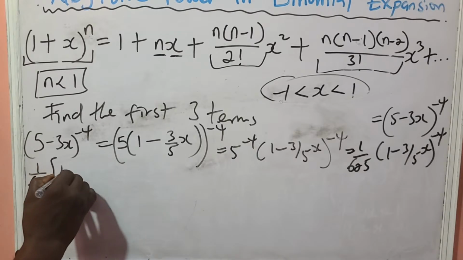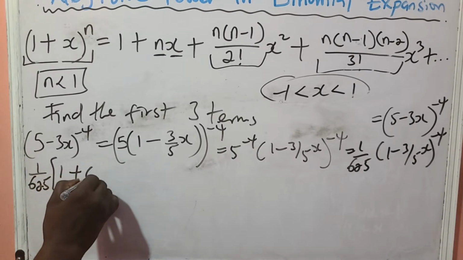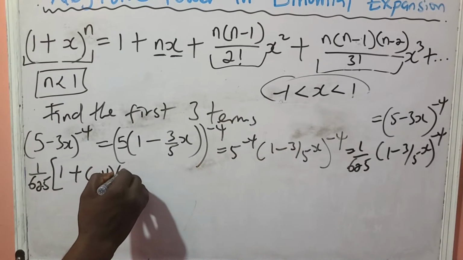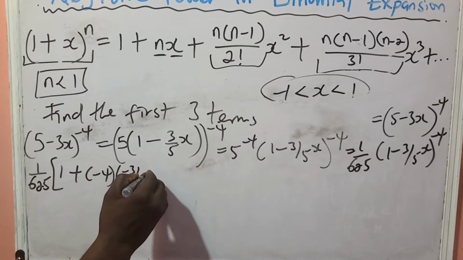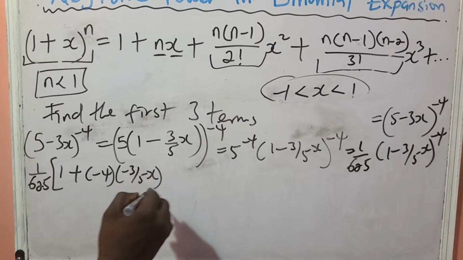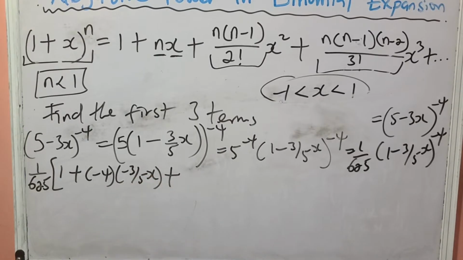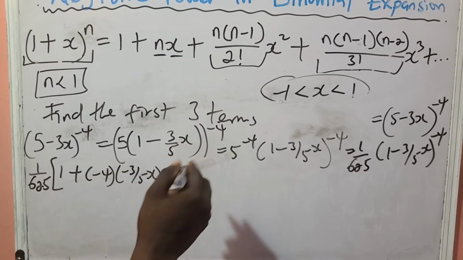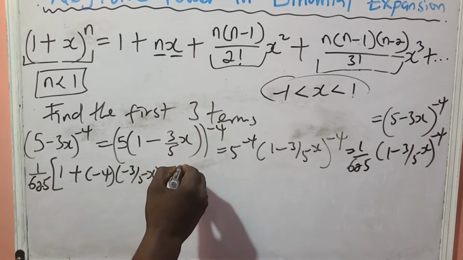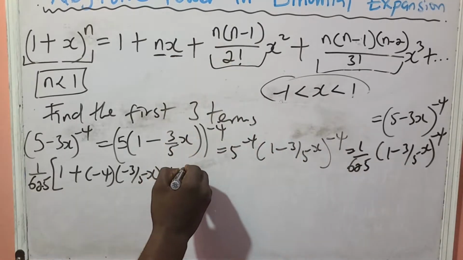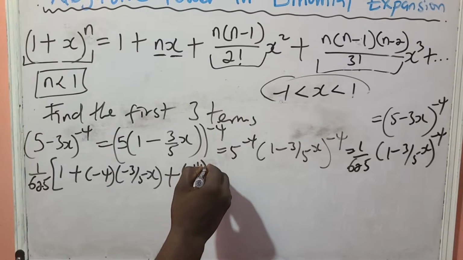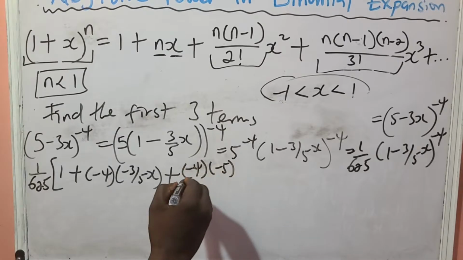That will be 1 plus minus 4 times our x, which will be obviously minus 3/5x, plus then we have minus 4, because our n is minus 4, multiplied by minus 5.